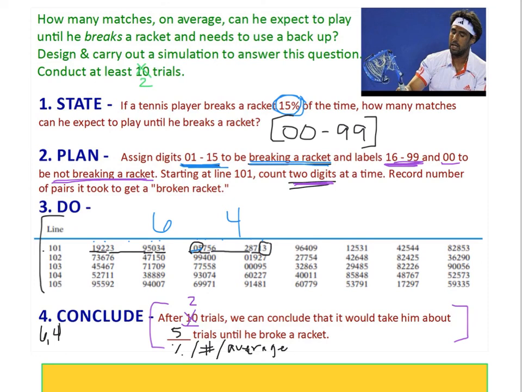So the average of 5 came from averaging together 6 and 4, which are my 2 trial numbers. So after 2 trials, we can conclude that it would take him about 5 trials until he broke a racket. And that would be a perfect conclusion statement because it has context, it references my simulation, and it answers my final question, which is what I was looking for up here.